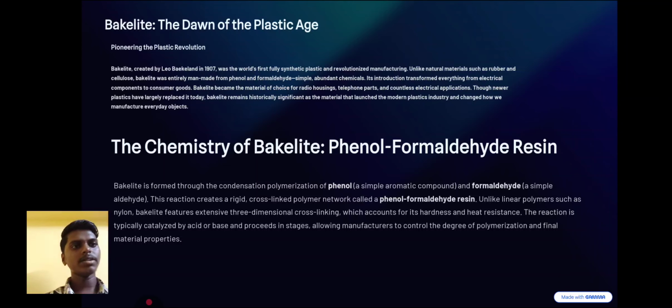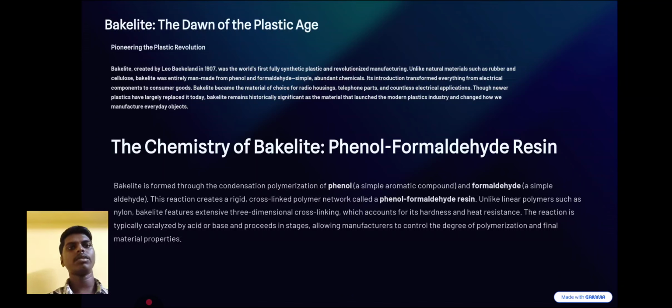Unlike natural materials such as rubber and cellulose, bakelite was entirely man-made from phenol and formaldehyde, simple, abundant chemicals. Its introduction transformed everything from electrical components to consumer goods.